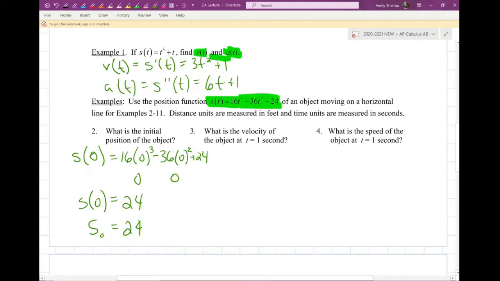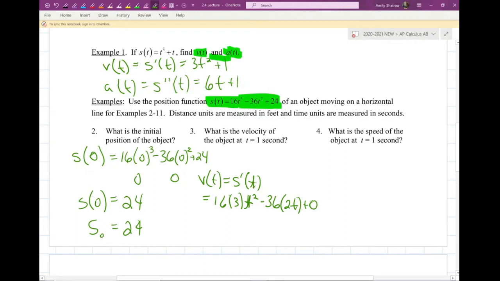So then what is the velocity of the object at t equals 1 second? The velocity is going to be the same thing as the position function's derivative. So I'll state that v of t equals s prime of t, and that equals the derivative of 16t cubed, which is 16 times 3t squared, minus 36 times 2t, and the derivative of 24 is a 0.